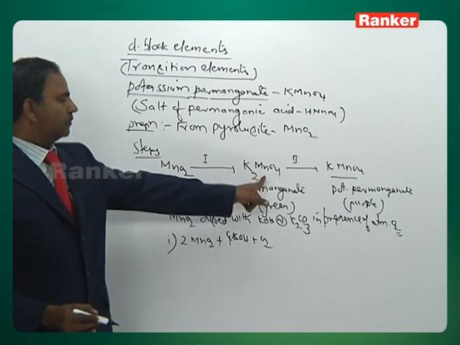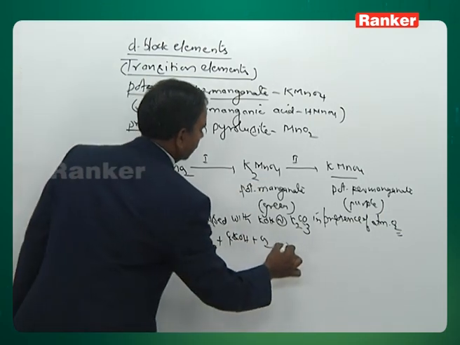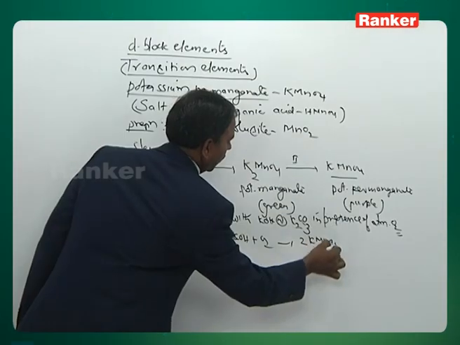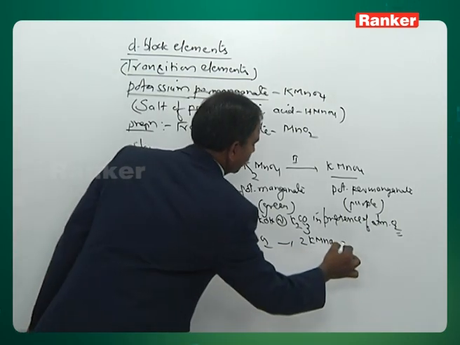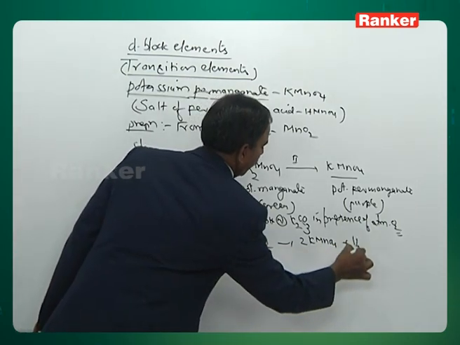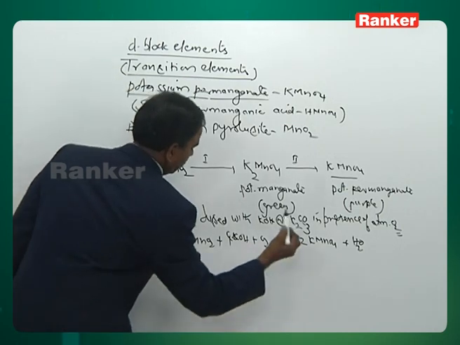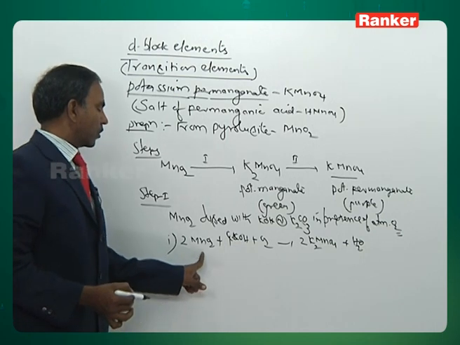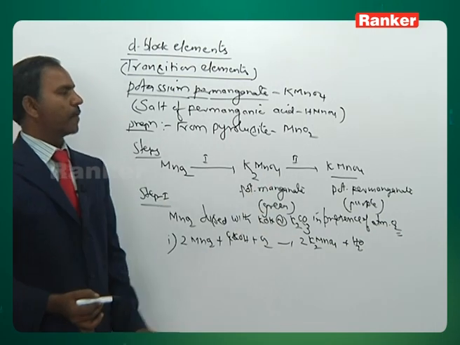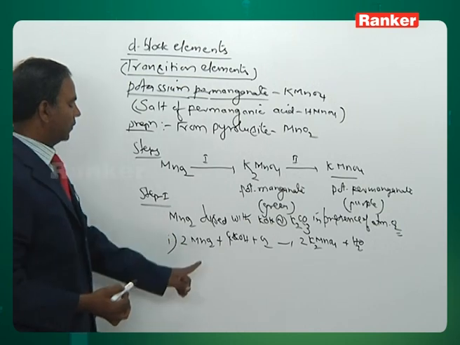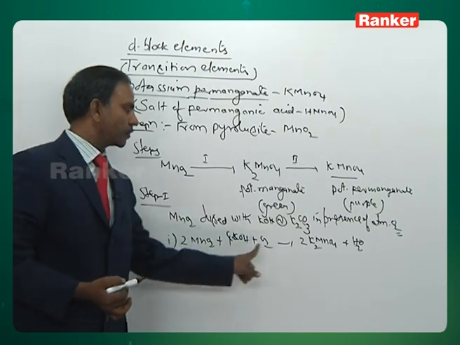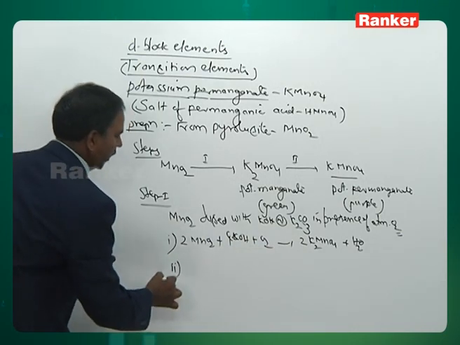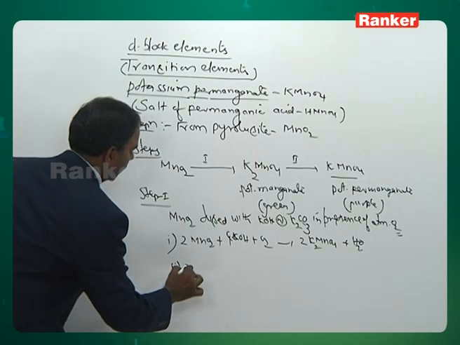Then first you get potassium manganate, 2K2MnO4, plus 2H2O. So pyrolusite is converted into potassium manganate and water. In the first way of conversion, pyrolusite fused with KOH, we are getting potassium manganate.